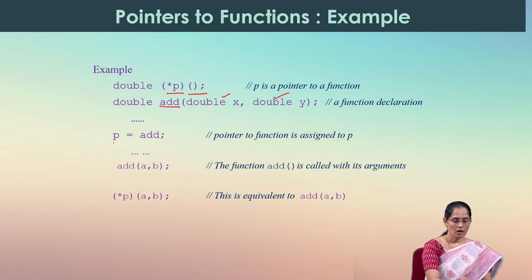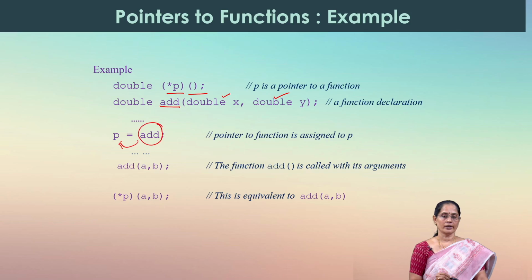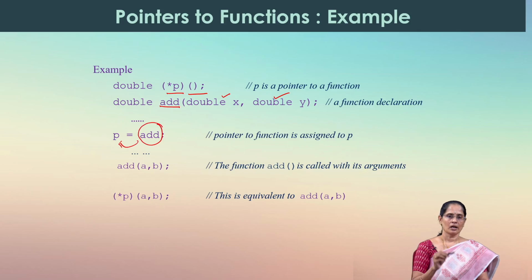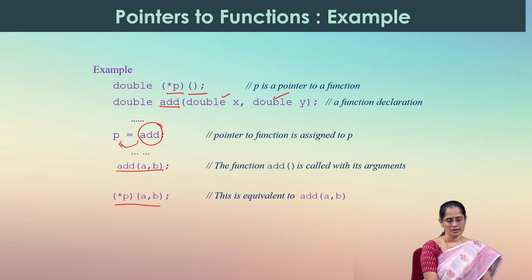Now we are able to assign the address of the add function to the pointer. We have already created p as the pointer variable, and we can just make the address of add point to the pointer function. So, instead of invoking the function as add(a, b), I can simply write (*p)(a, b).